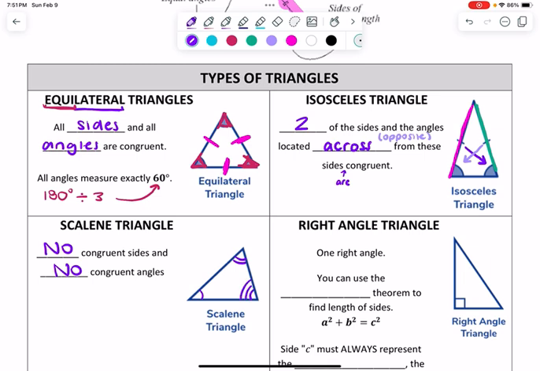I could denote that by having three separate amounts of curves on each of those angles. I could do the same thing with the sides: here I have three sides, and I could denote them with three separate types of tick marks, because none of these sides and therefore none of the angles will be congruent.